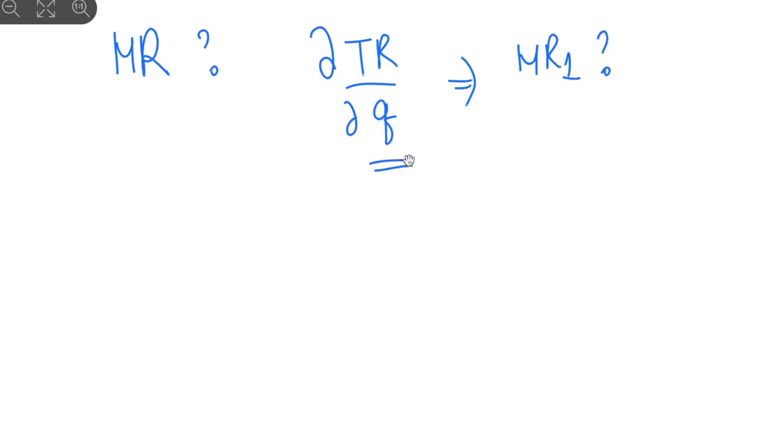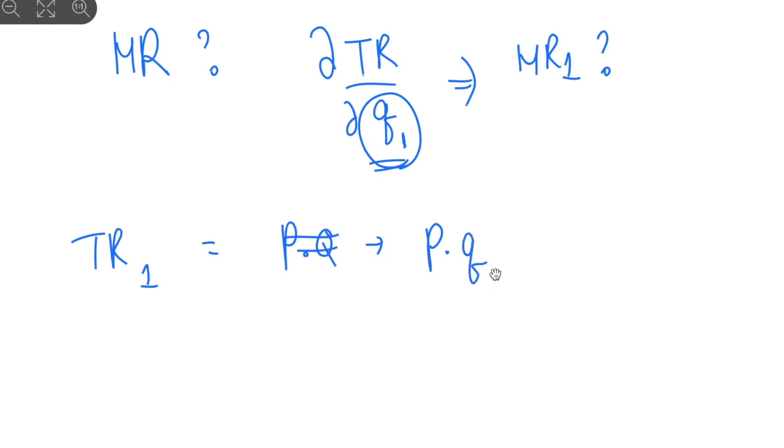So how can we get the marginal revenue of Firm 1, right? So what we have to do is substitute everything into Q1. So let's look, what was the total revenue for Firm 1? It's price times quantity, right? In this case it becomes price times Q1, right? And in the demand curve, we had P equals 100 minus BQ, and that was 100 minus Q1 minus Q2, right?